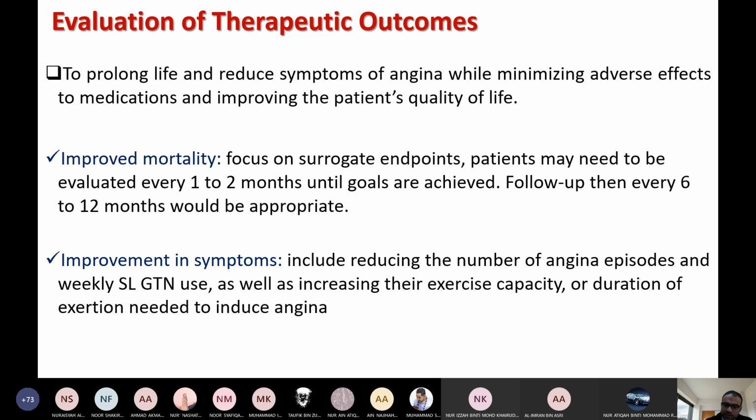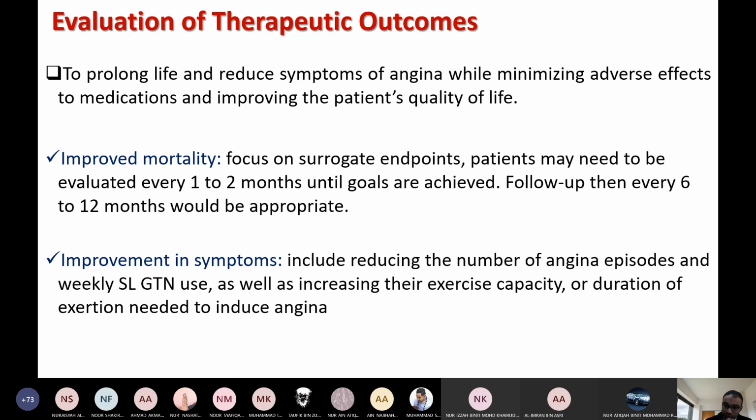So just to finish our topic, any plan or any intervention or any recommendation should always keep in mind the evaluation, the assessment. So assessment of the therapeutic outcome in stable ischemic heart disease should be focused on two main domains.